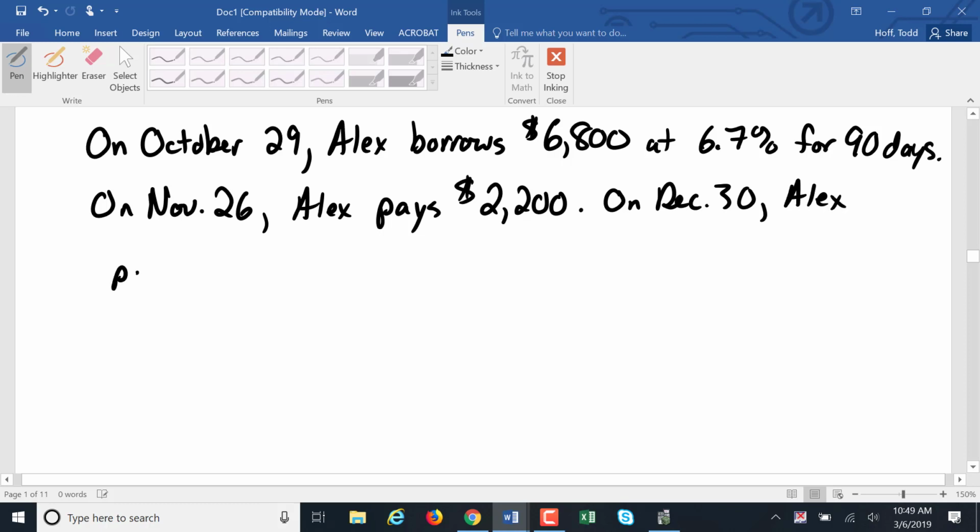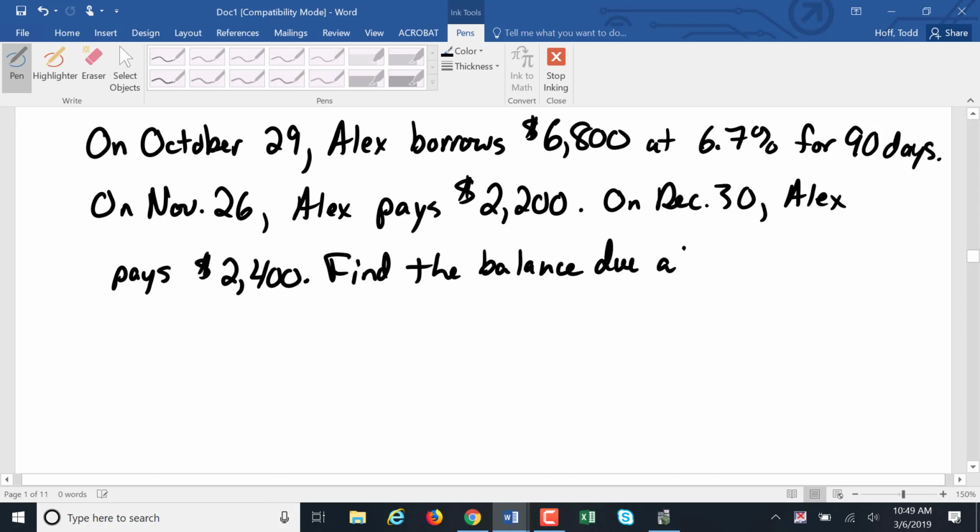So I'm just going to say Alex pays $2,400. Find the balance due at the end, so the balance due at maturity. And the total interest.